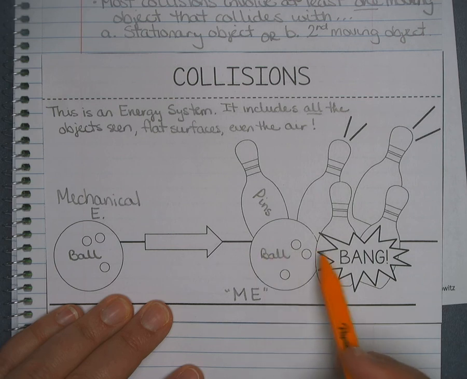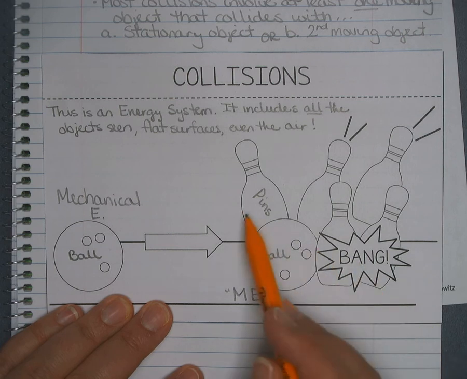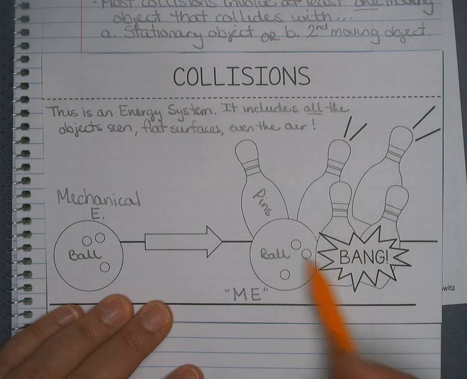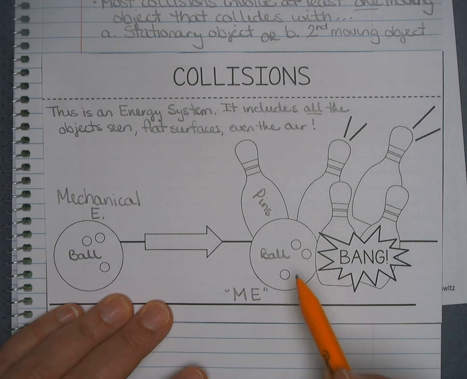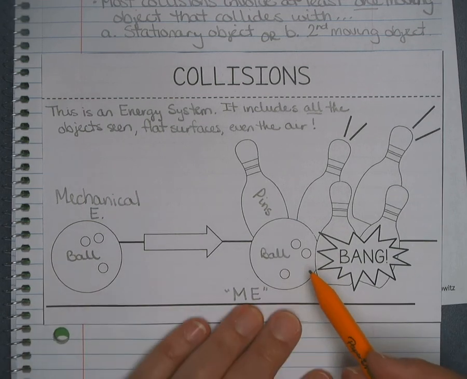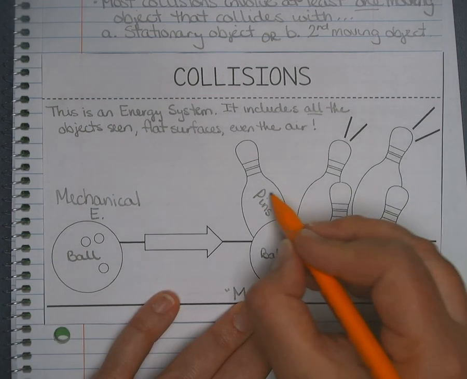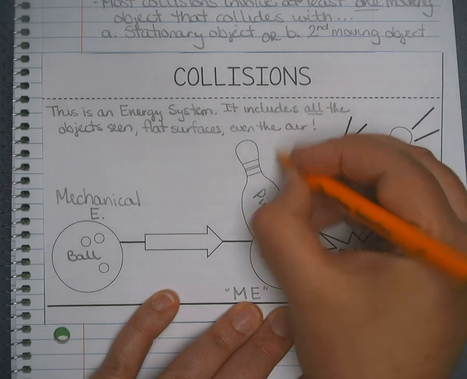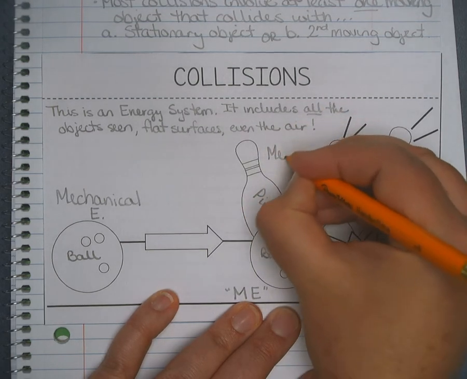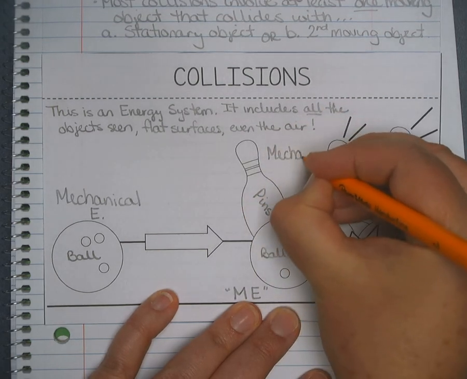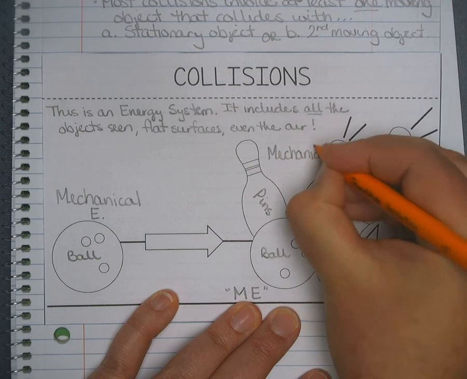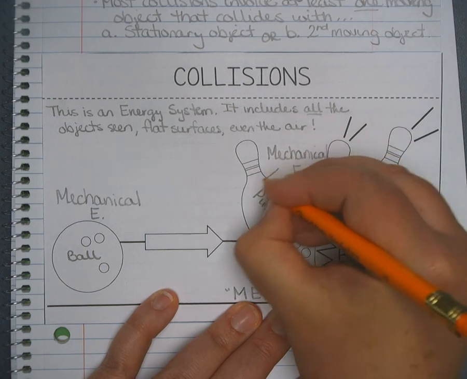But in that collision, it rolls off to the side, the left or the right, or continues going straight ahead as it continues with the pins. So the ball maintains some of that mechanical energy. Some of the mechanical energy is also transferred into the pins themselves. So the pins are going to get some of that ball's mechanical energy going into the pins.